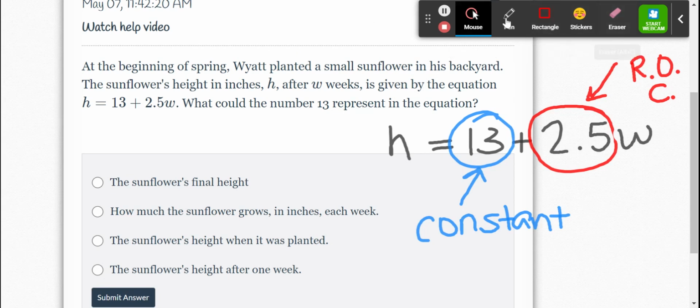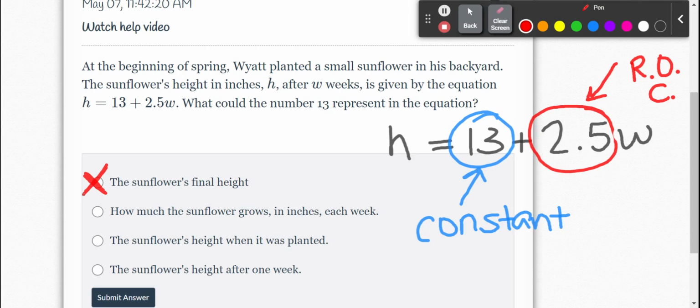So let's see what our choices are here. The sunflower's final height, it's not this one because, like we just said, it's the starting height. How much the sunflower grows in inches each week. No, that's not how much it grows. We know that this is how much it grows with 2.5. So that's not it. The sunflower's height when it was planted, that sounds better because that was the starting height.